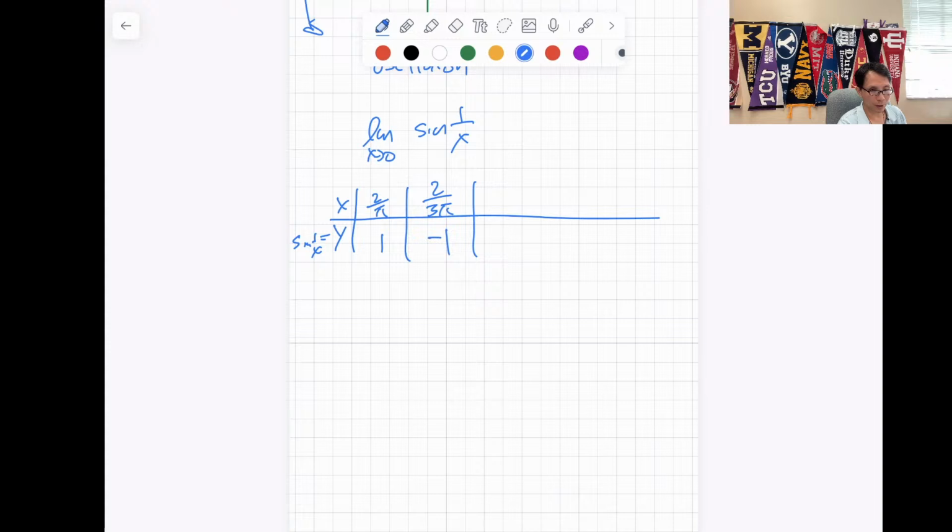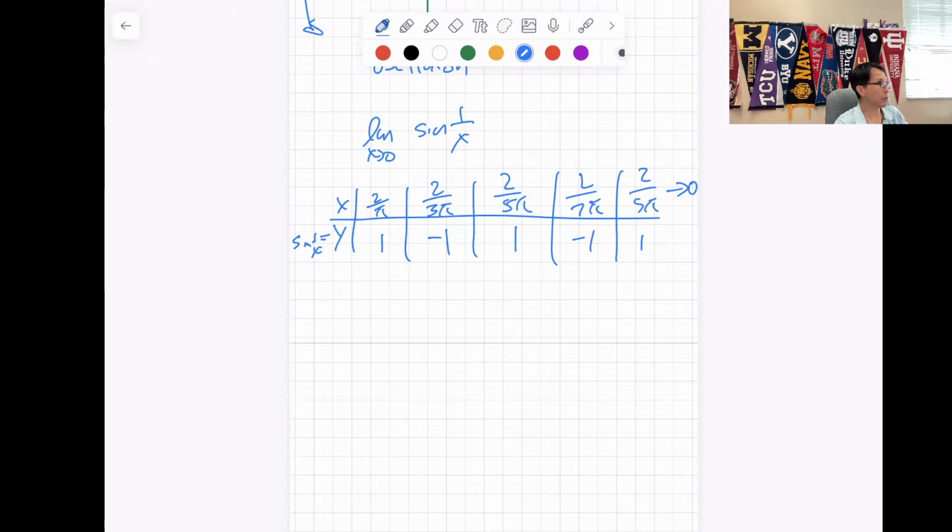Negative 1, good. What is 2 over 5 pi? How about 2 over 7 pi? How about 2 over 9 pi? Good. So this is going to what? 2 over pi, 2 over 3 pi, 2 over 5 pi, 2 over 7 pi, 2 over 9 pi. So is the x value going toward what? Going toward 0. This is a part that Ethan is really good at because he has the skill of abstract thinking.